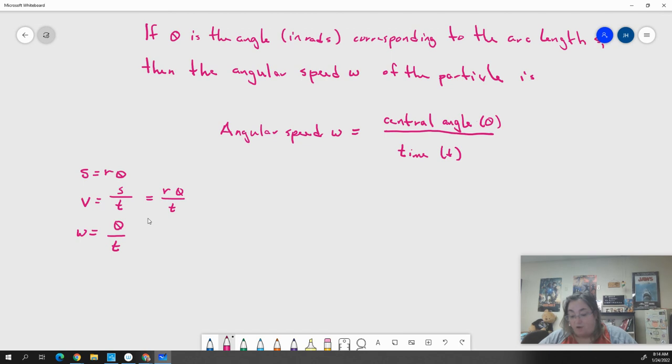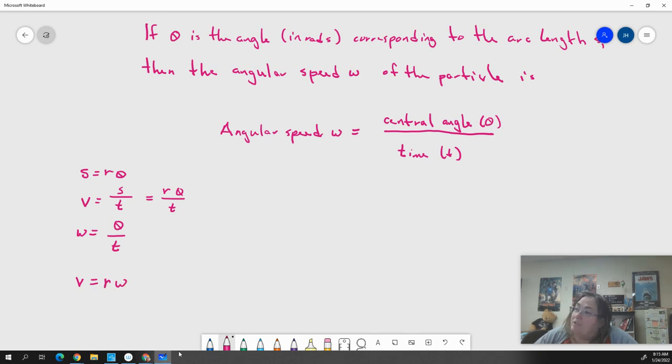So we have all of our bits and pieces, right? This one might come in handy too. V can also equal radius times angular speed. Why is this handy?